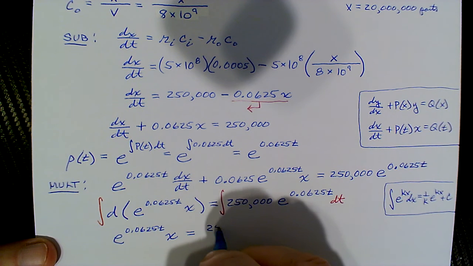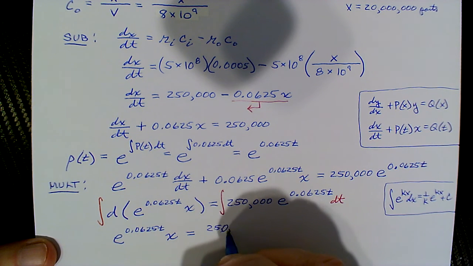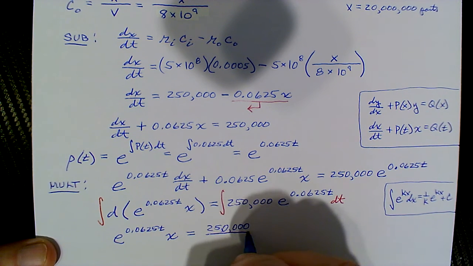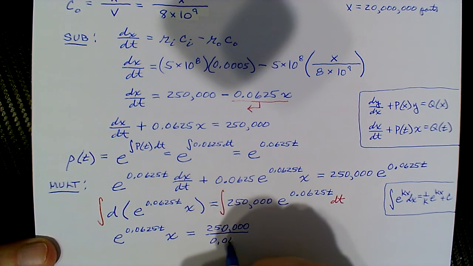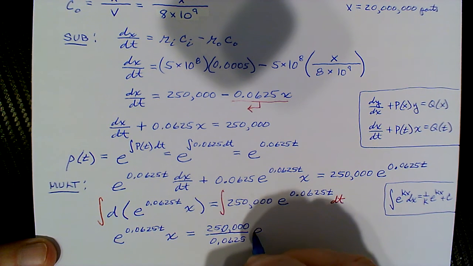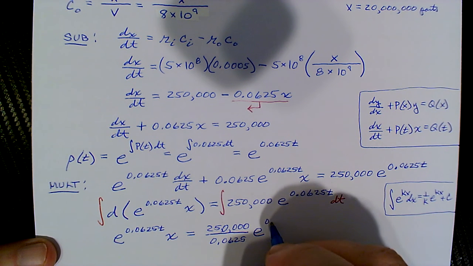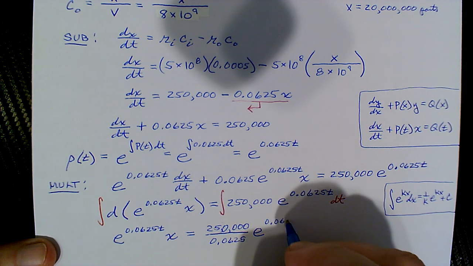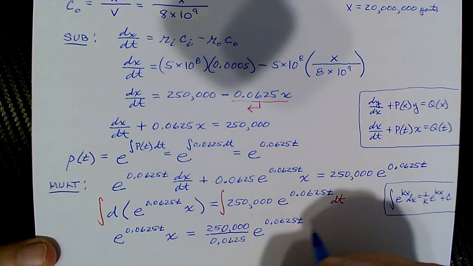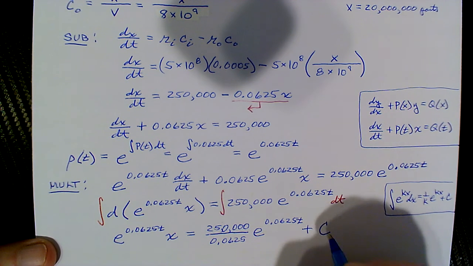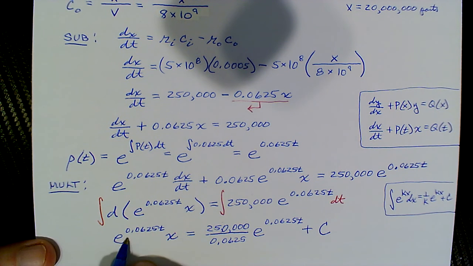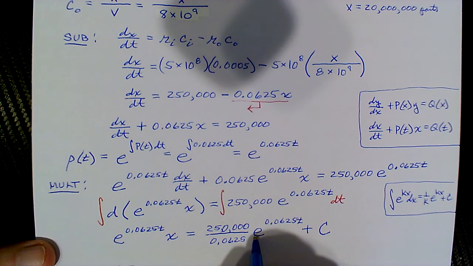So this becomes 250,000 over the 0.0625 times e to the 0.0625t, and we add our constant of integration. Okay, we're going to divide by the e to the 0.0625t, so it cancels here.